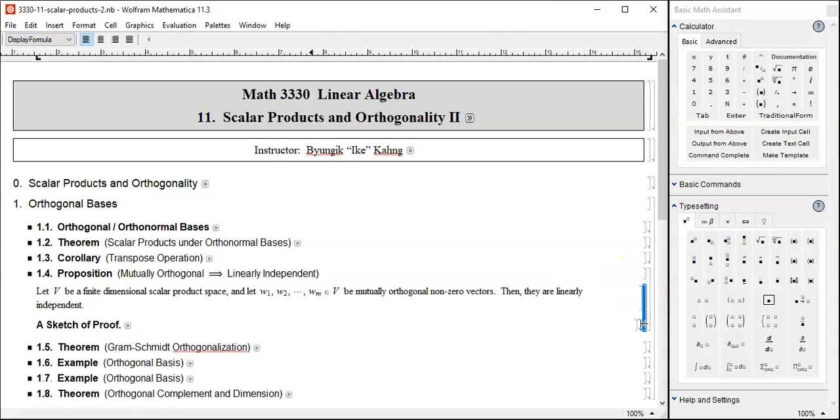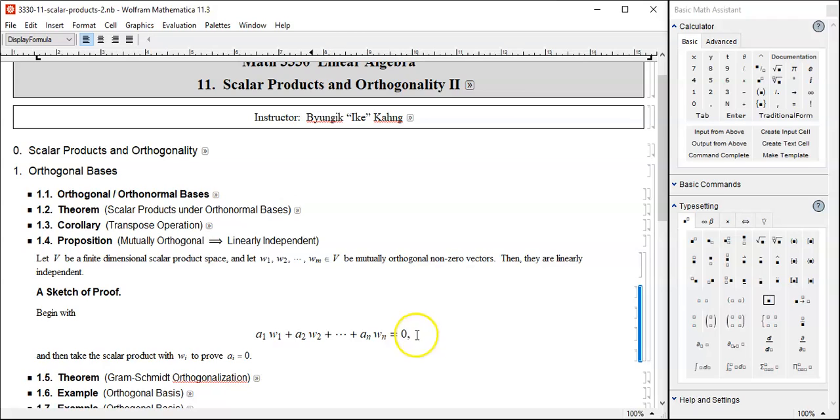How do you prove that? Well, here's a sketch. You have to prove the linear independence, so set up a linear combination and set it equal to 0, and you have to prove each coefficient ai is equal to 0. How do I do that?